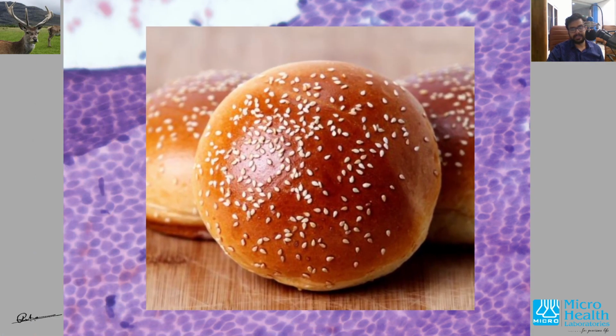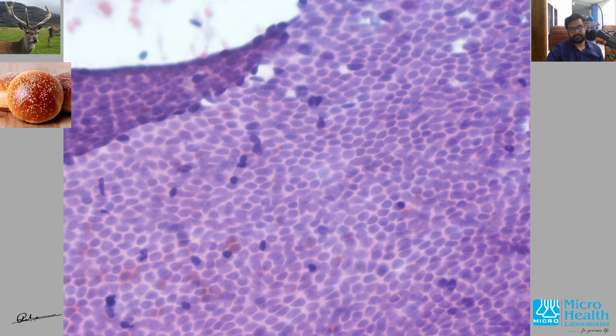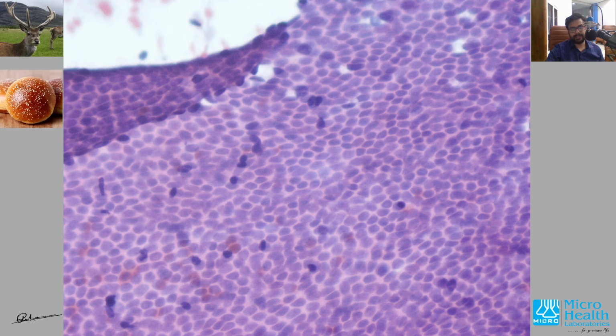These are the sesame seeds, and the sesame seeds are distributed on top of a bun. That kind of appearance is called sesame seed on bun appearance. We again can appreciate this is like a sesame seed on a bun appearance. So these are the two similes that we can find with fibroadenomas.